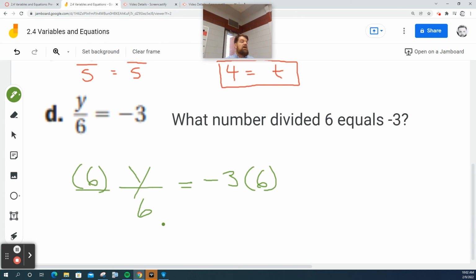What's 1 times y? Y. What's negative 3 times 6? Negative 18. 4 times 6 is 24. And that's it. That's it right there. Any questions?